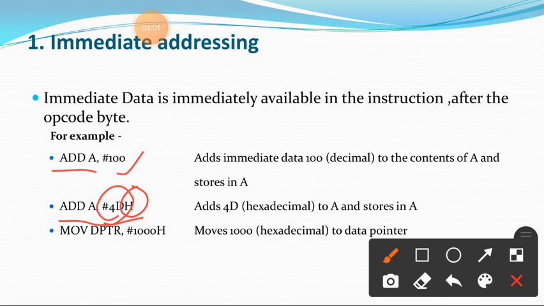So this 4D, the hexadecimal data, is added to A and stored in the accumulator. And here MOV DPTR, #1000H. This 1000 hexadecimal data is copied into or moved to the DPTR, or data pointer.